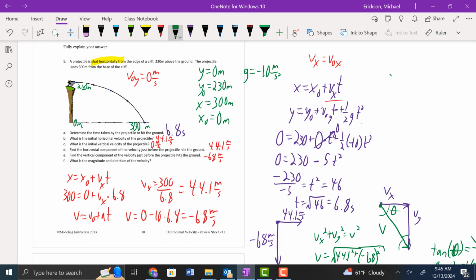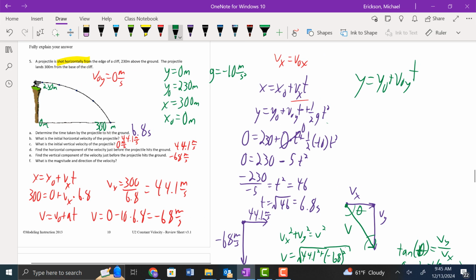You try to solve for time, you write out this equation, and you think, oh, I don't have v naught y, or I don't have t, and there's t in 2 spots. How do I get this? Well, when you work the problem, you realize it's negative 230 plus 0 equals 0 times t plus 1/2 times negative 10 t squared. Well, look at this, 0 times t, that's always 0. So these things work out on their own.